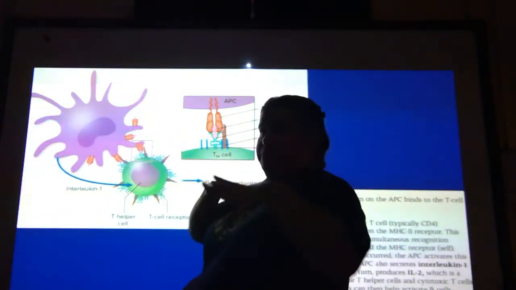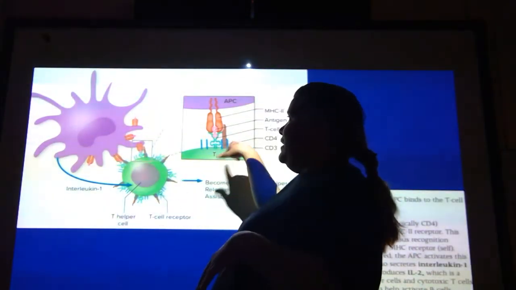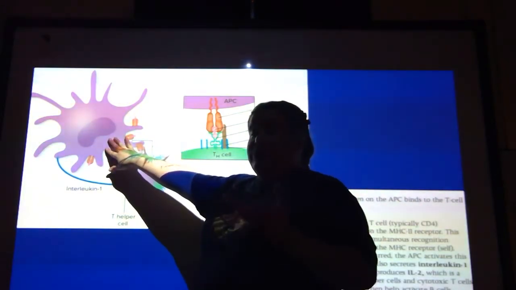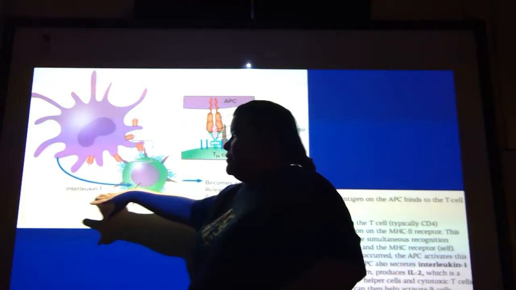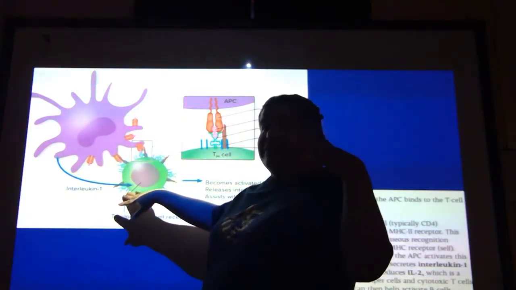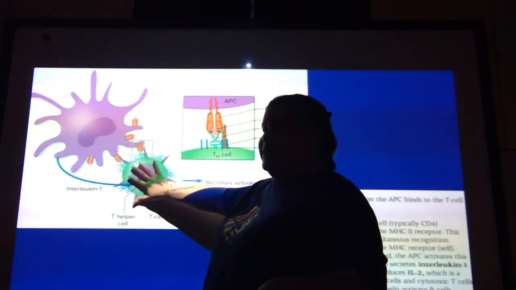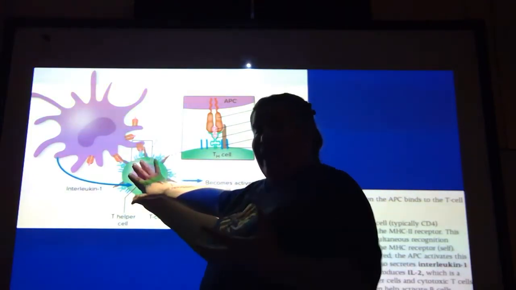Once this is complete, once the binding has happened, it's a signal to my antigen-presenting cell to release a specific cytokine chemical that will transform this helper T cell into its active form.